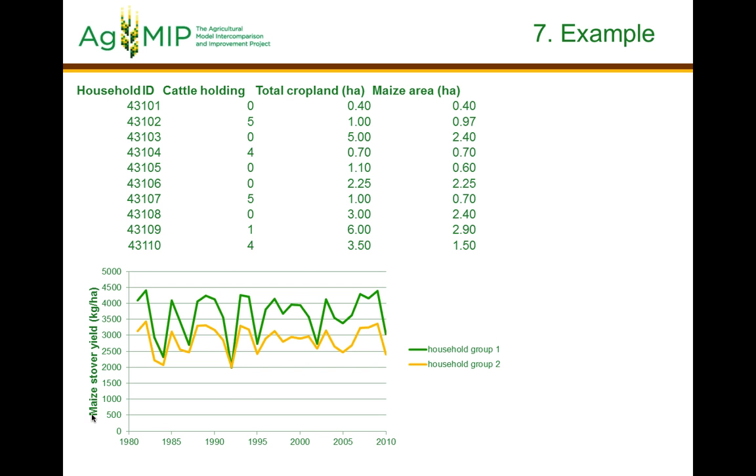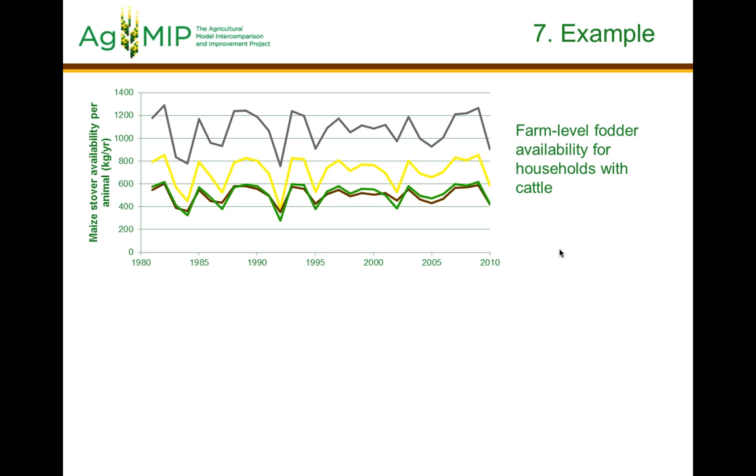From the crop models, we receive information on the maize stover yields expressed in kilograms per hectare. And we get 2 different maize stover yield categories based on the soils and the fertilizer use of the different households. That information is used to calculate the total stover availability per farm.